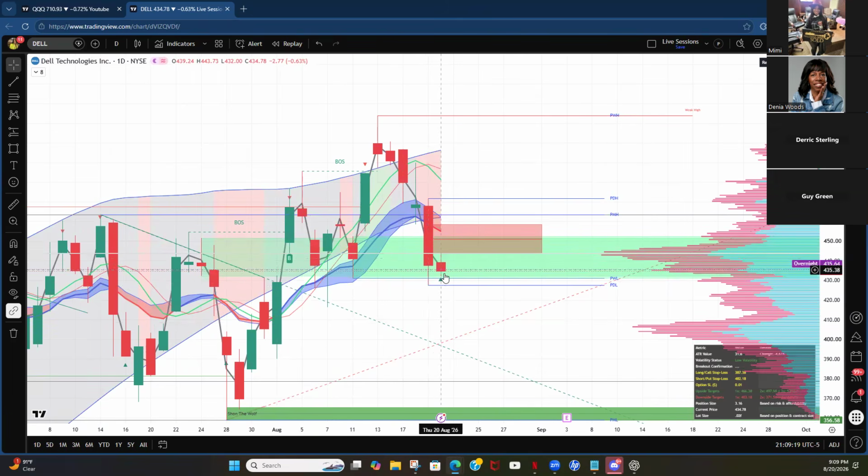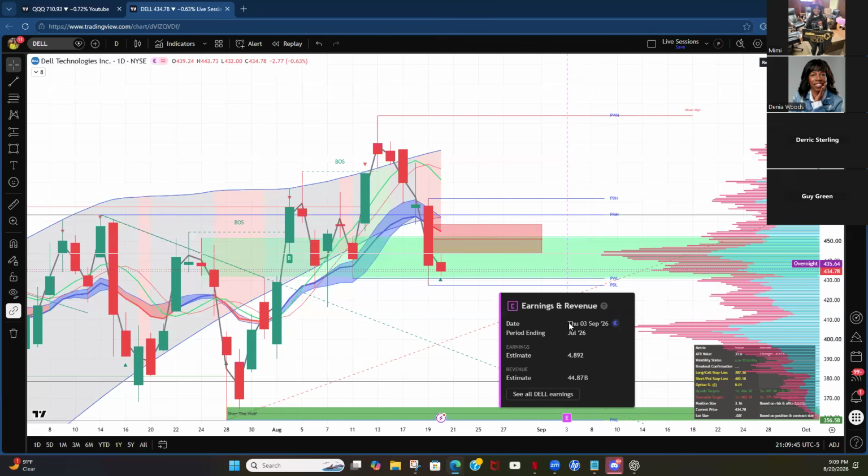Now, if Friday yields you a pullback, you see kind of what the VRVP is doing right here. That could get a little sketchy on a pullback. So we want it to respect the low of this candle right here for 3101. If it doesn't, then you could see this one selling off a bit more before it finds support.